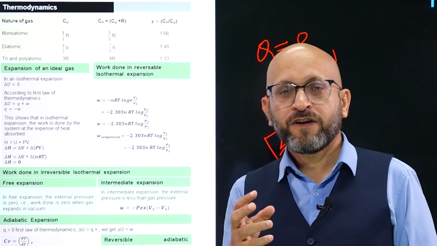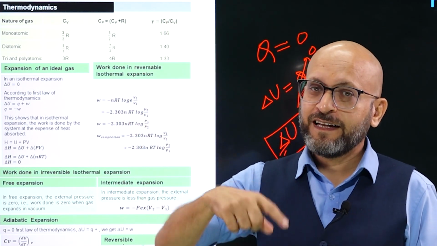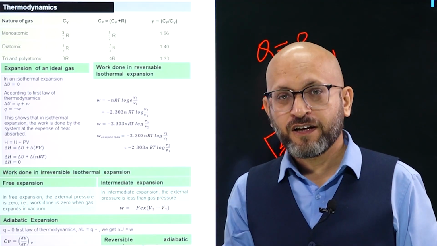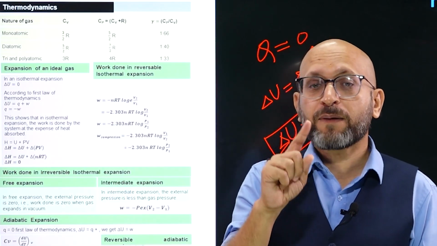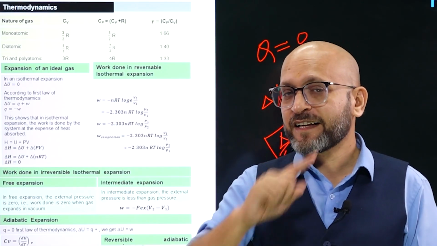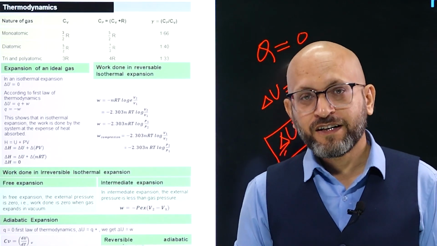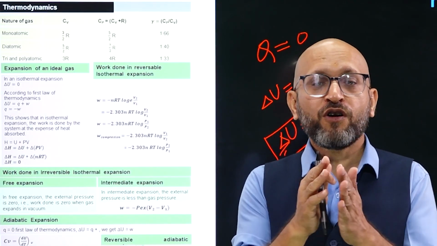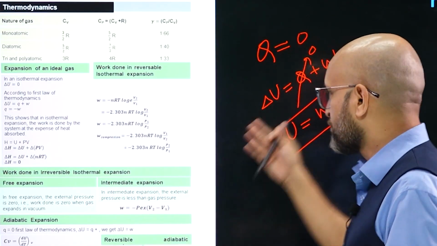Similarly, if work is done on the system, in adiabatic compression, work is stored in the form of internal energy, so temperature increases. In adiabatic compression, heating occurs. In adiabatic expansion, cooling occurs because there is no exchange of heat, so Q equals 0.